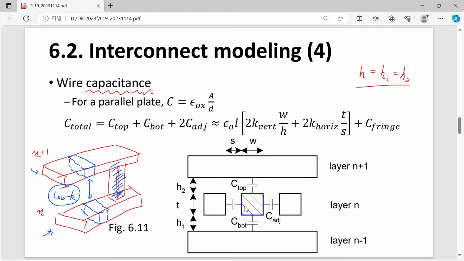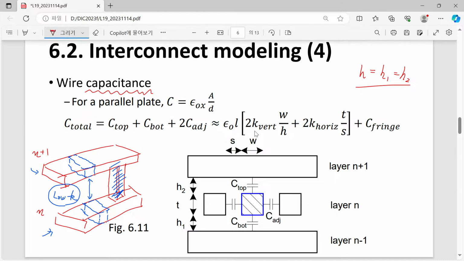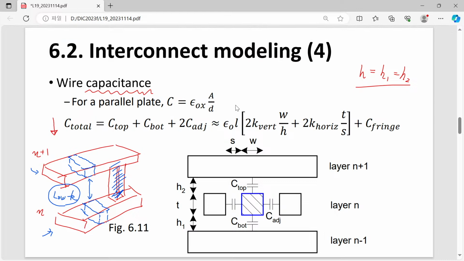It is obvious that in order to reduce this capacitance, we must increase this height. Yes, this and that can be increased. Then we can reduce the vertical capacitance. Then what is the problem of this strategy?